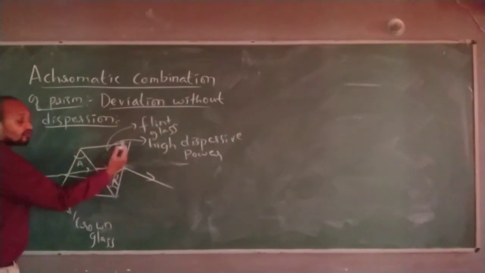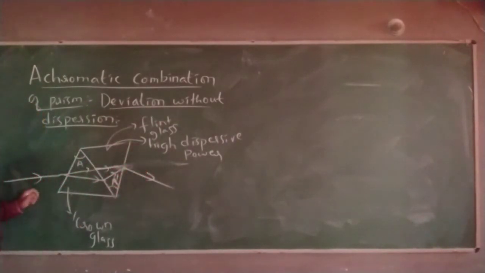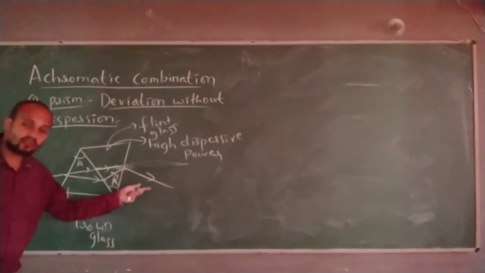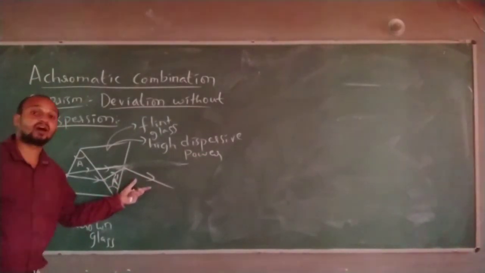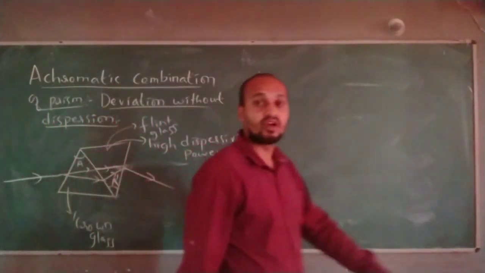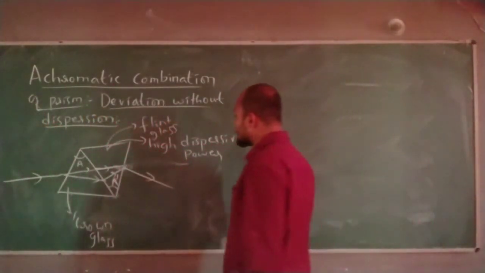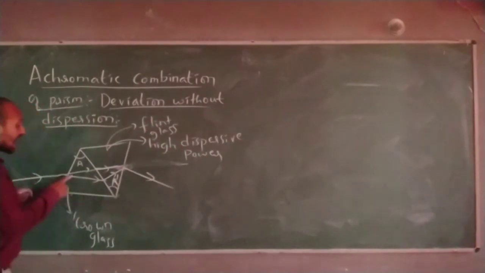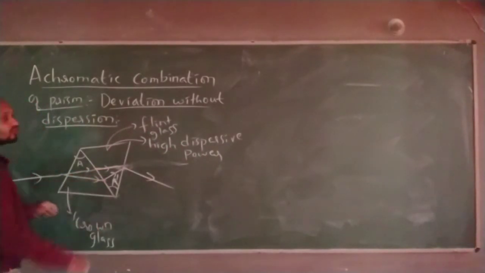After coming from these two combinations, the light will again be a single light. Light will not be dispersed. It is of single light. Now I will try to measure angular dispersion for this case and for this case.